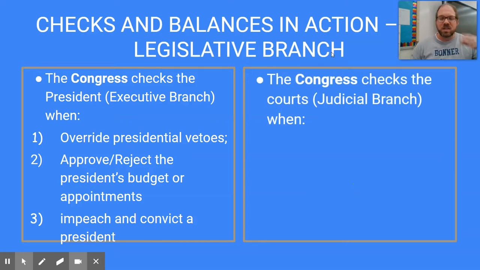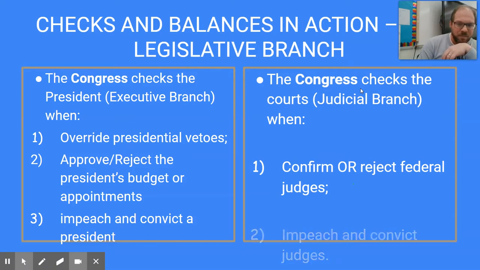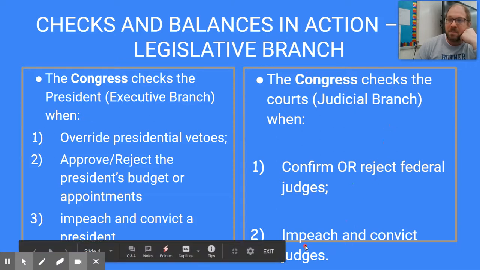And the Congress can check the courts and the judicial branch when they confirm or reject a federal judge or Supreme Court justice. Okay. Now, if I'm moving too fast, just hit the pause button on the video, and then you can stop that slide, get your notes that way. All right. The final thing I want you to know is that Congress can check the judicial branch by impeaching a judge, just like they can impeach a president.